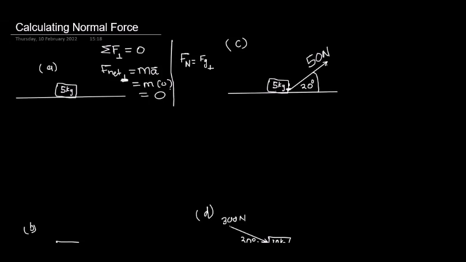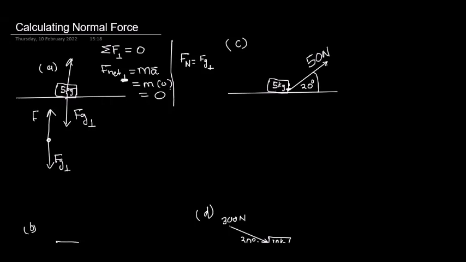If we first draw a free body diagram, this is the diagram that's going to help us do a calculation. Obviously we will have the normal force upwards, perpendicular to the surface, and downwards, perpendicular to the surface, is Fg perpendicular, which on a horizontal surface is just Fg.